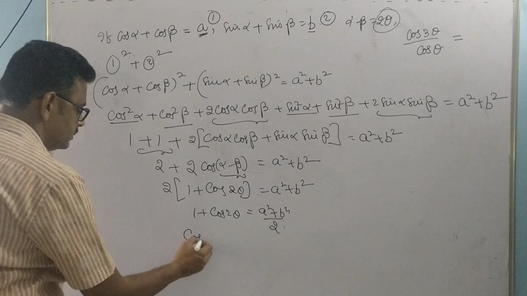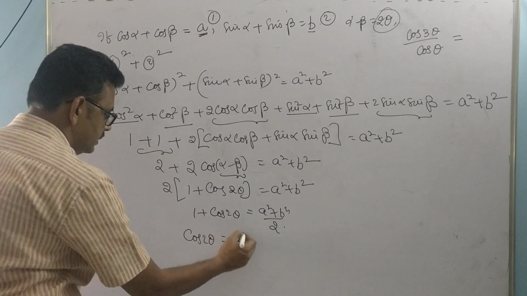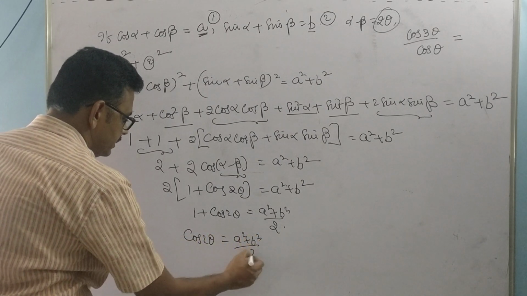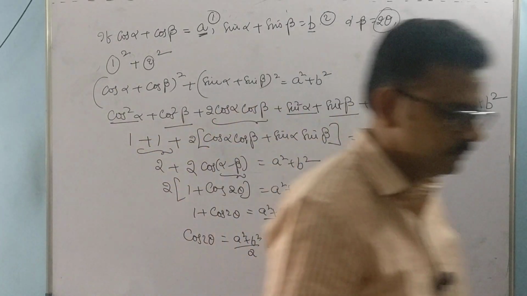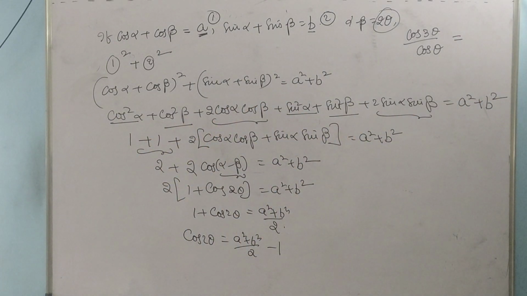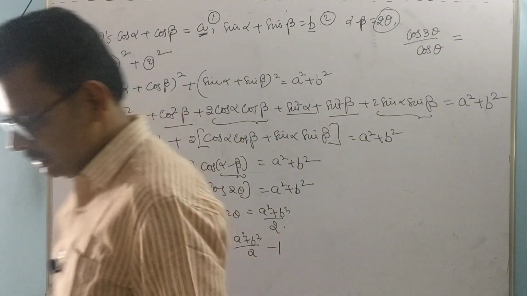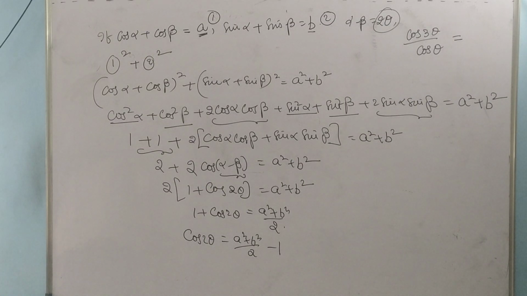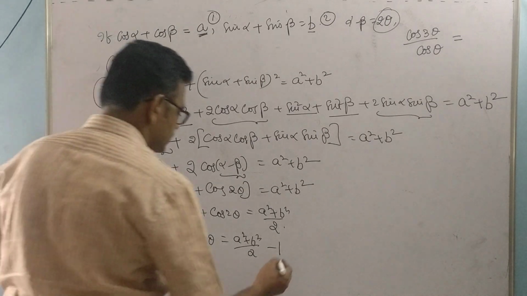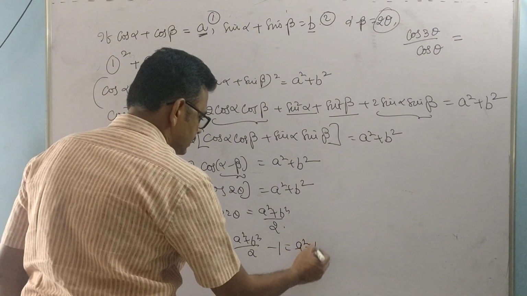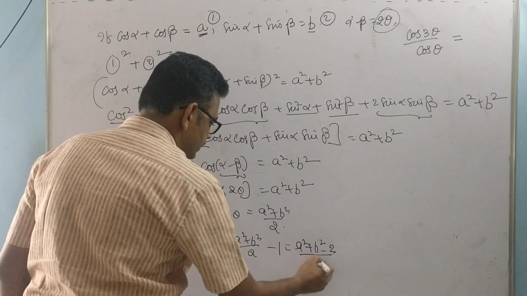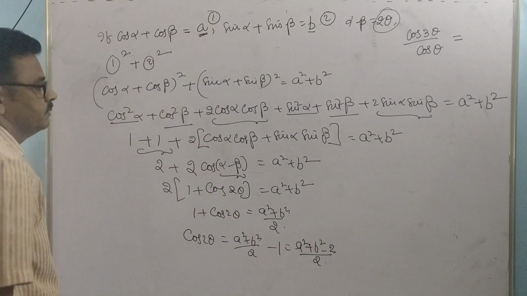So cos 2 theta is equal to a square plus b square by 2 minus 1, which is a square plus b square minus 2 by 2. So this is the cos 2 theta value.